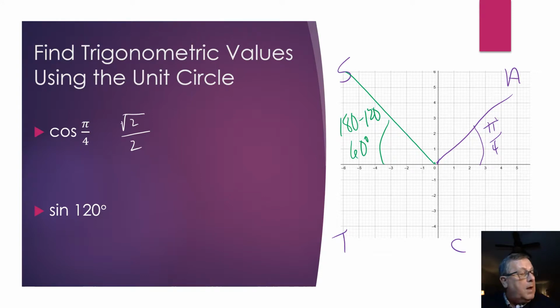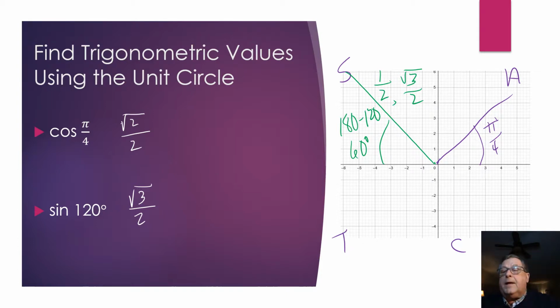Well, once again, my sine function is going to be positive in the second quadrant, and for a 60-degree angle, my cosine is 1/2, and my sine is square root of 3 over 2. So what's my sine of 120? Well, pretty simple. It's the square root of 3 over 2.